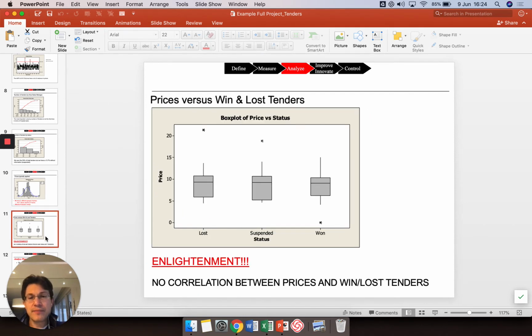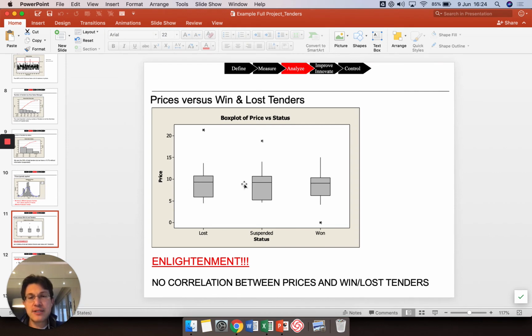But here there was a very, very big insight, and it was the proof of concept that the pushback of the sales reps, that to win more tenders they needed to reduce the price, was definitely resolved. So there is a plotting of the status of each group of tenders: won tenders, suspended tenders, and lost tenders by the average price.